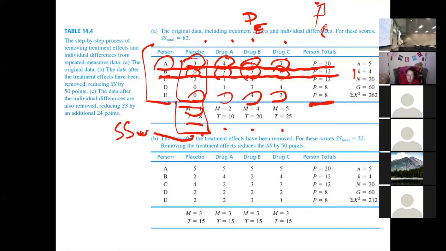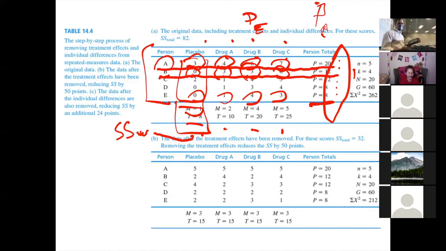We're doing the same thing conceptually, but now instead of these different treatment conditions, we're going to do it for all the people, right? Because this is going to represent a whole new source of variability that we're going to remove.